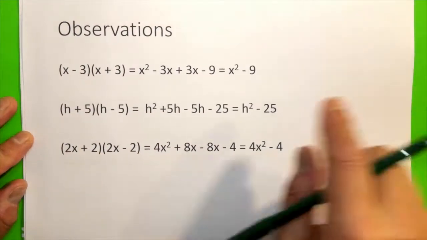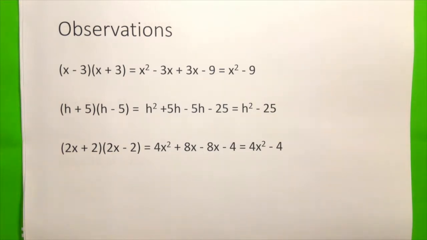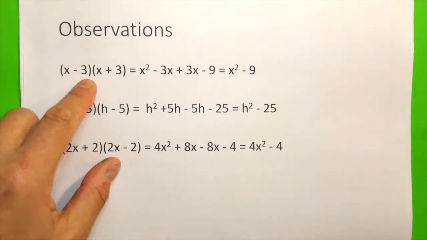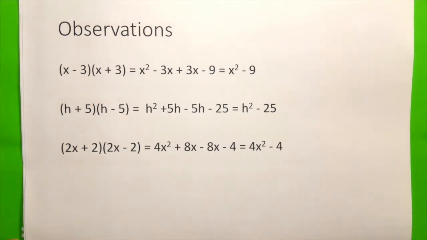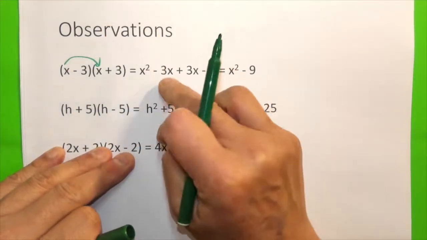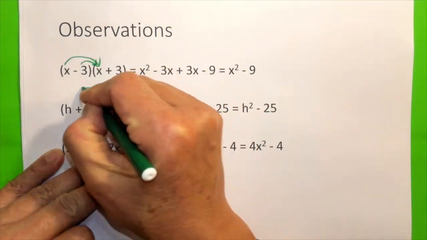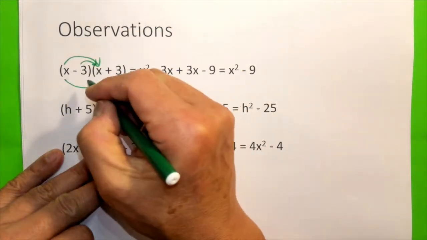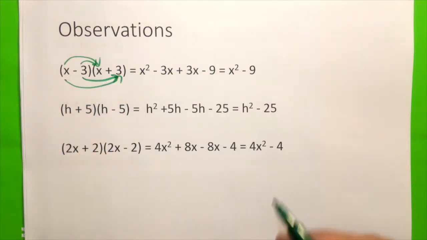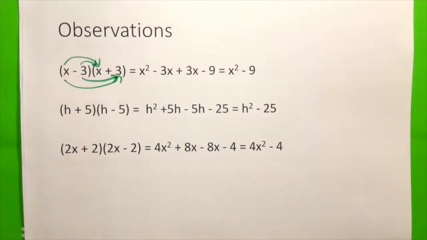This is what I've worked out. (x - 3) into (x + 3), we have x squared minus 3x plus 3x minus 9. Okay? And that's x squared minus 9.